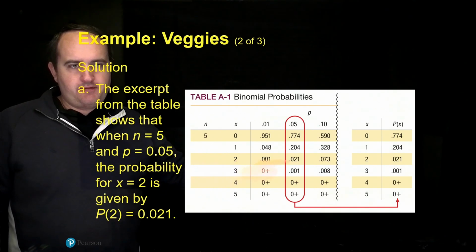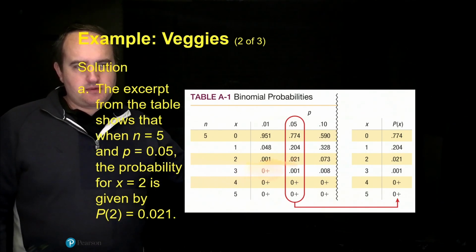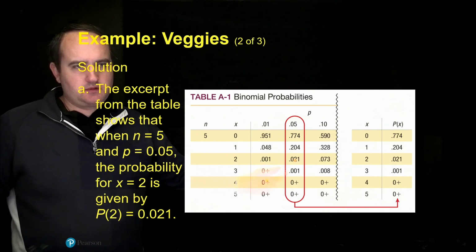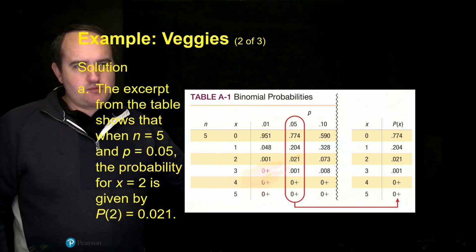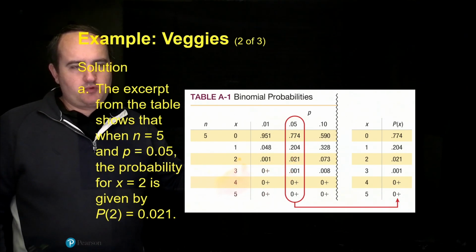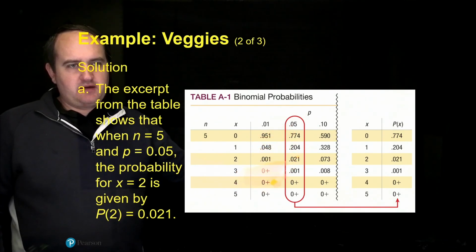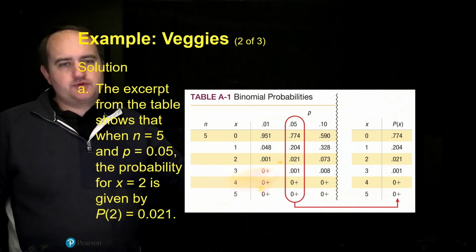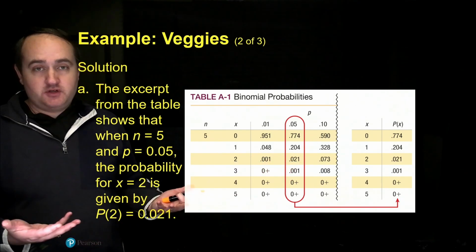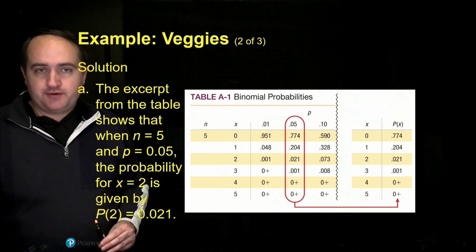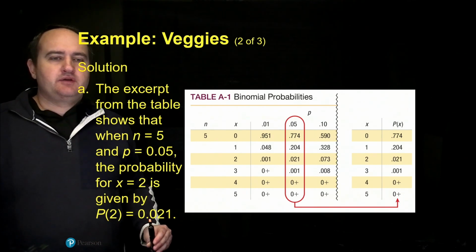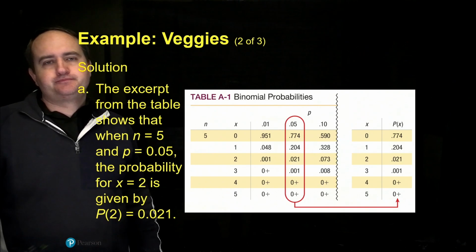Right there, we got 0.021. So where X is 2, and P is 0.05, and N is 5, where all those meet is at 0.021. So without even having to use a formula, we have the probability of exactly 2 successes equals 0.021.